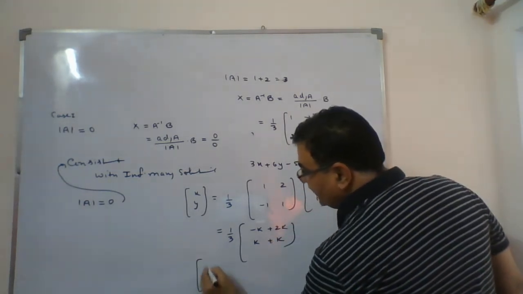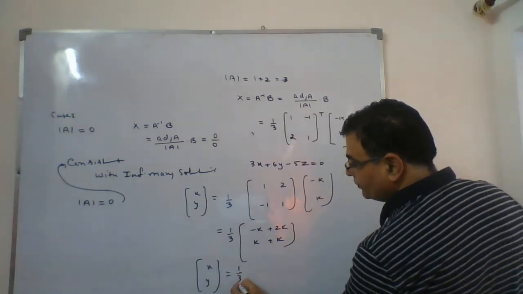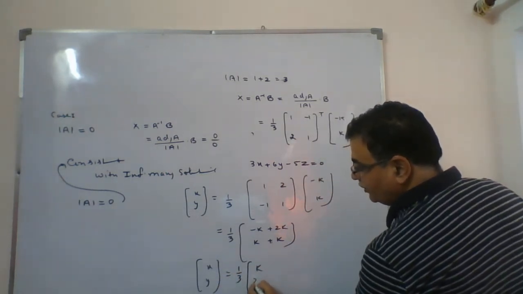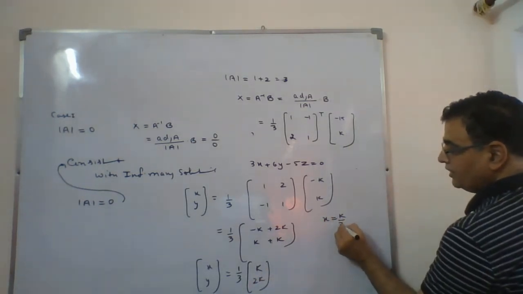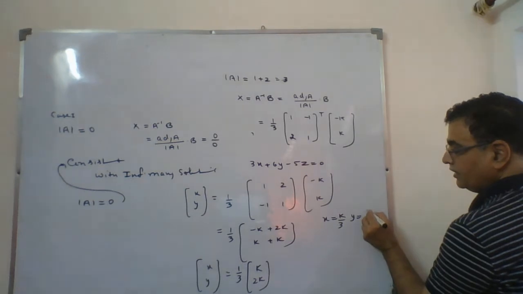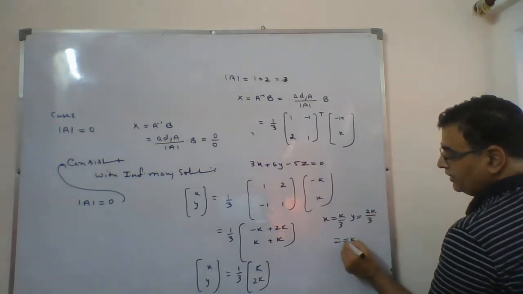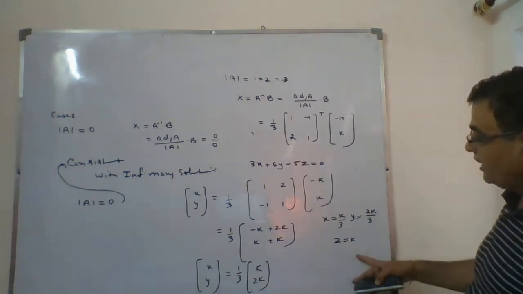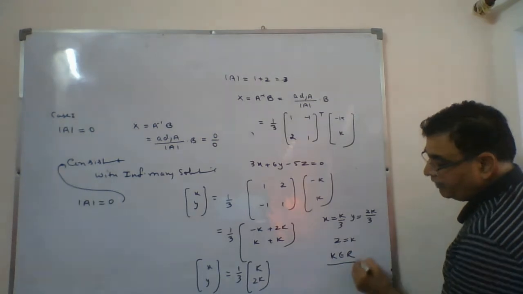So what will be x, y here? This will be 1 by 3 k and twice of k. So x will be k by 3, y will be 2k by 3, z will be simply k. And what is k? K will be some real number.